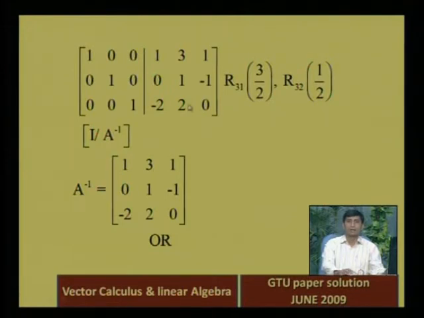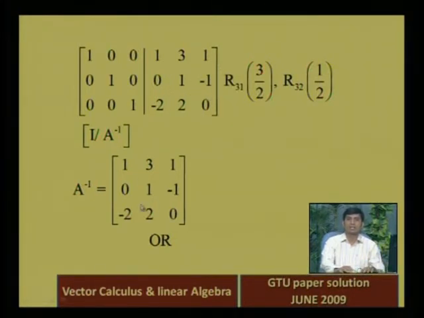Similarly the first row becomes 1 3 1. So this right hand side part is exactly the inverse of the given matrix: 1 3 1, 0 1 minus 1, minus 2 2 0. Okay, so this question number 2 is complete.